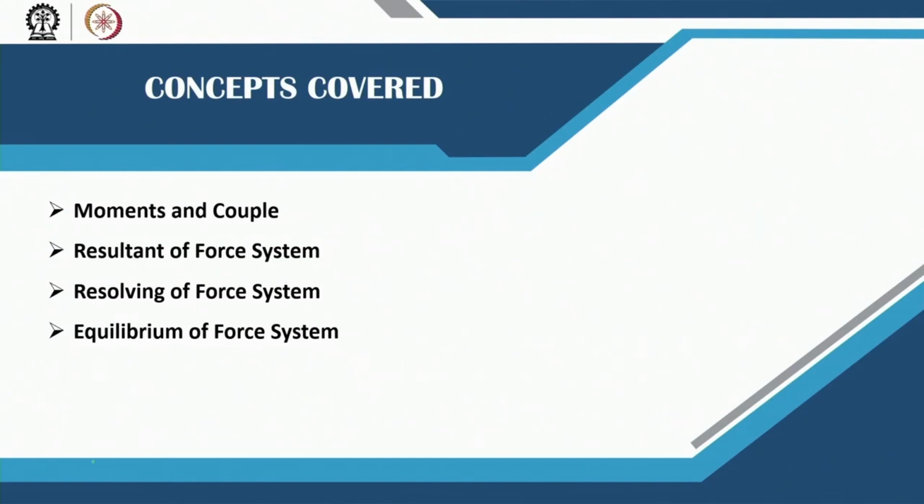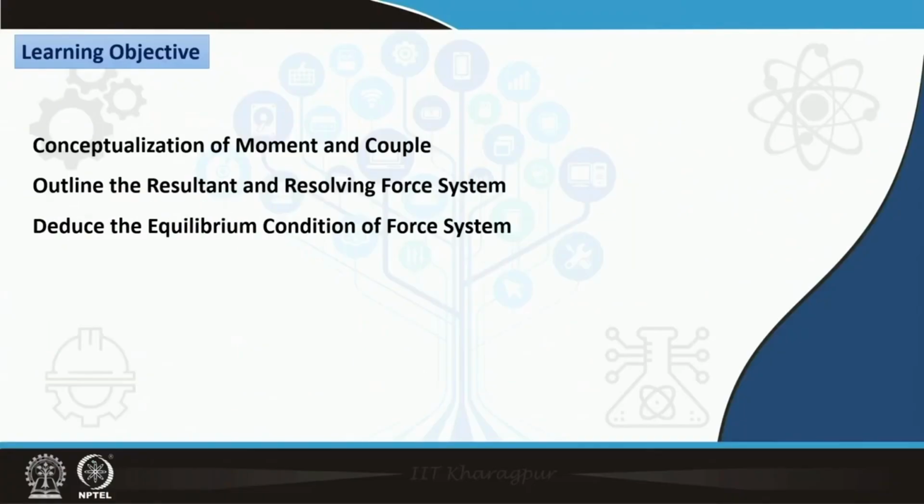So, the learning objective for this lecture, lecture number 3, is that we will first conceptualize the moment and the couple, and then outline the resultant and the resolving of the force system. We will do some small computational or mathematical things, and those you already know by virtue of your class 12 physics.